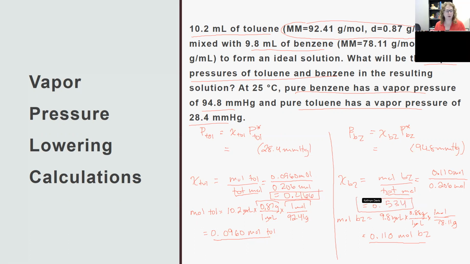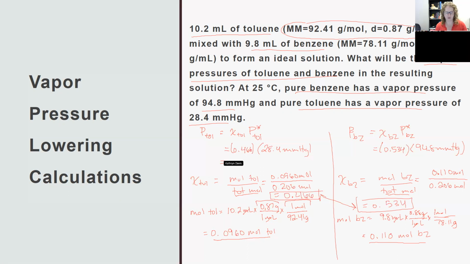Good. I have two components. And if I were to add up those mole fractions, 0.466 and 0.534, they'd add up to 1. They'd add up to 100%, just like they're supposed to. Now I just plug those mole fractions in, 0.466 and 0.534, and I finish my calculation.